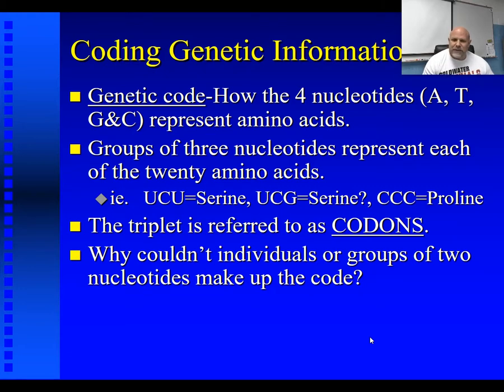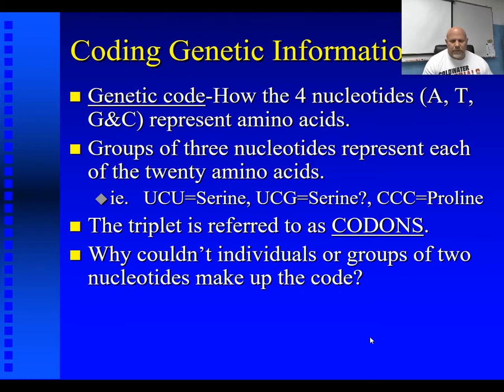And we have 20 amino acids in our body. So it seemed like 3 letters was a little redundant, because now there's 64 possibilities and we only have 20 amino acids. But it turns out the code's a little redundant.